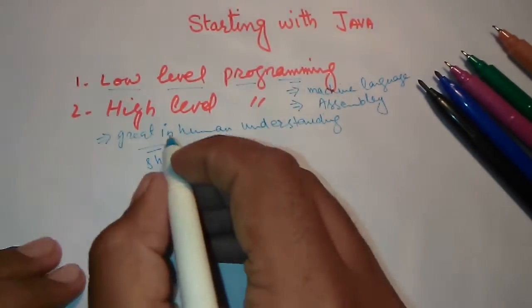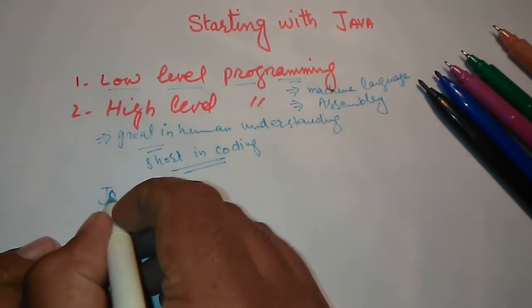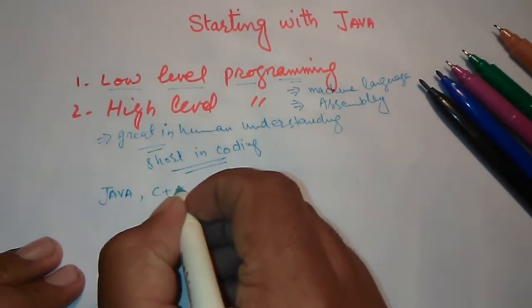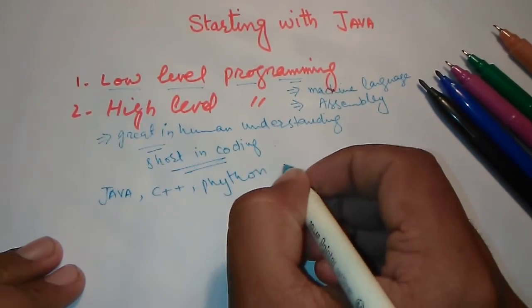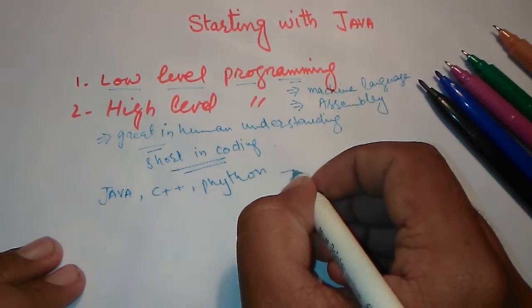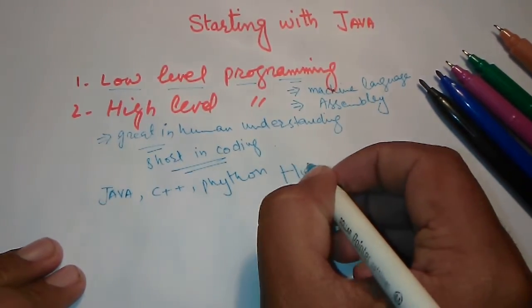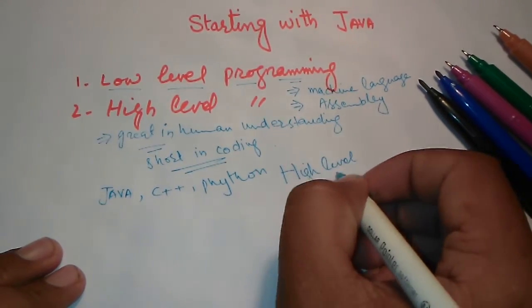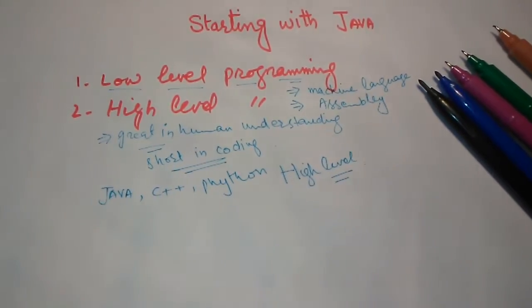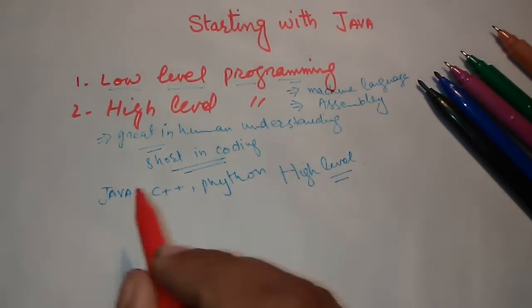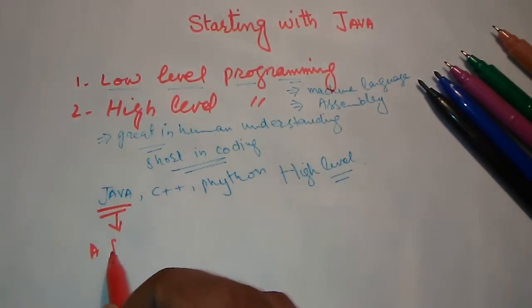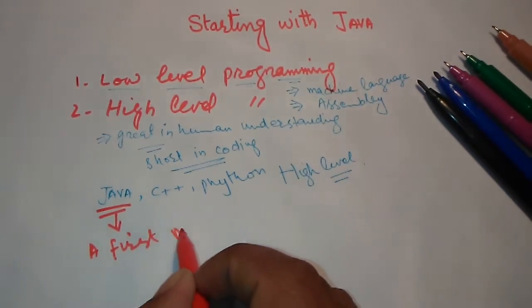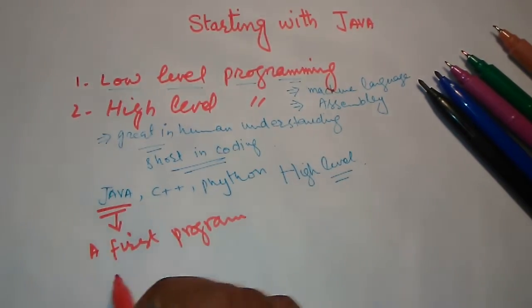So we are going to discuss Java here. Java is a high level language, C++ is a high level language, and Python and many more languages are high level languages. In Java today we will learn our first code, our first program of Java.